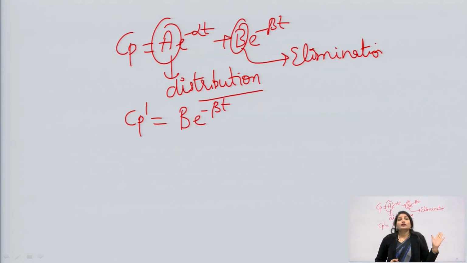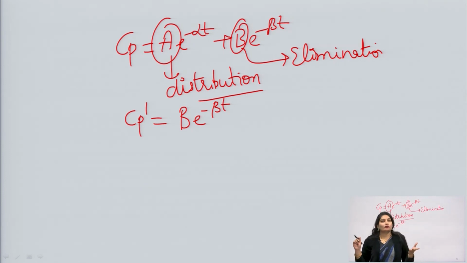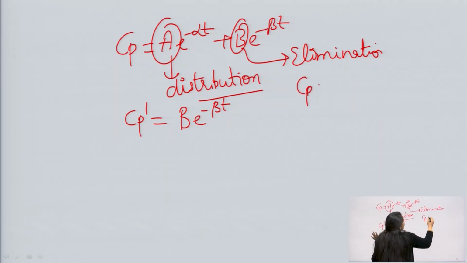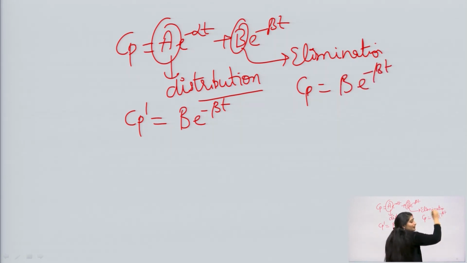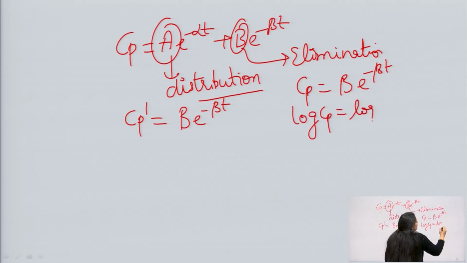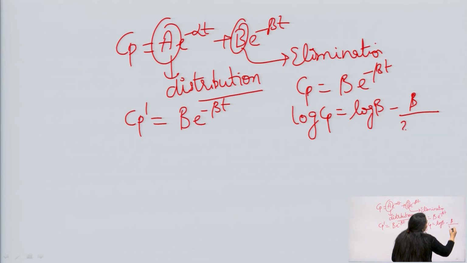So, to get the value of this B constant, what can we do? When the distribution has taken place, Cp will be equal to B e raised to power minus beta t, and when we take logarithm on both sides, we get logarithm of Cp is equal to logarithm of B minus beta t upon 2.303.